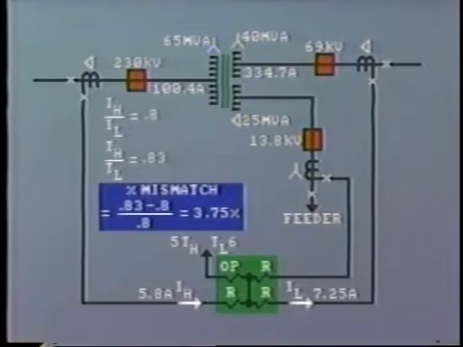Our mismatch can now be calculated as 0.83 minus 0.8 divided by 0.8, which equals 3.75%. This is well within the transformer differential relay restraint setting. A similar calculation would now be made for the tertiary, using 25 MVA as the base.